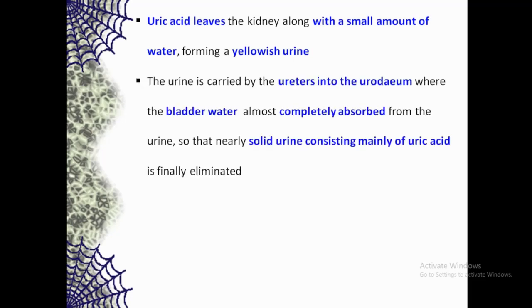But when the urine is carried by the ureters into the urodeum of the cloacal chamber, the water is almost completely absorbed from the urine, so that nearly solid urine consisting mainly of uric acid as the eliminating product is finally discharged into the cloaca.